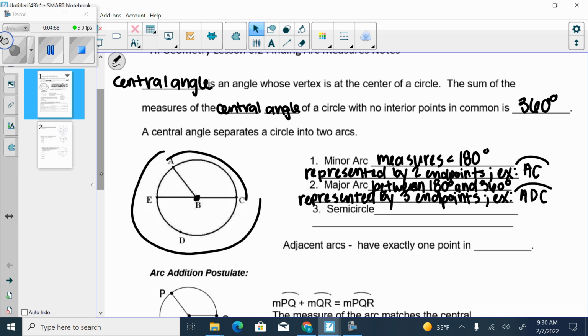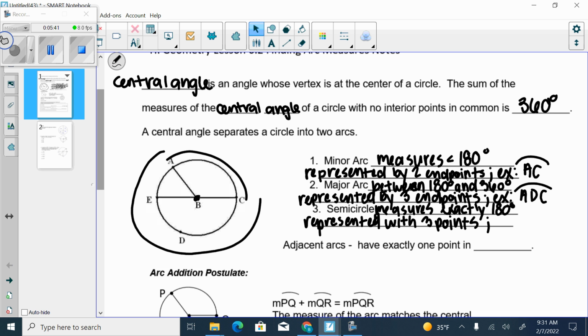And then we have a semicircle, which is going to measure how many degrees? Exactly 180, right? Because it's half of a circle. This one is also represented with three endpoints.